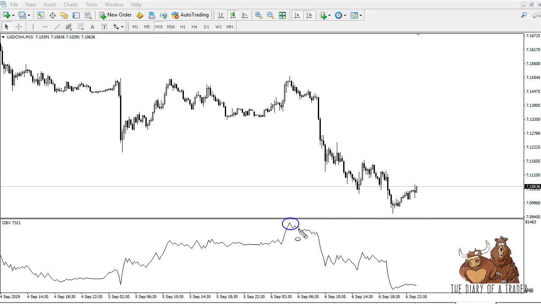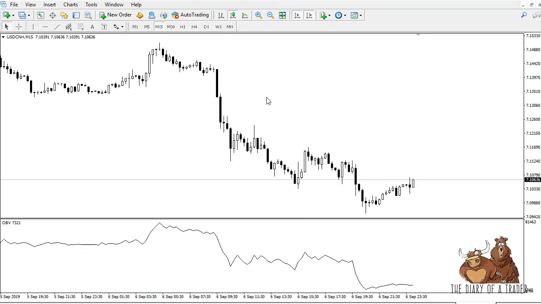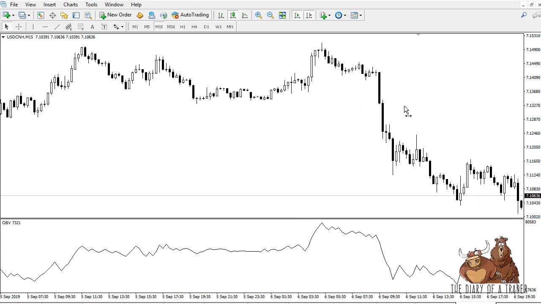So here's a relatively high spike, if you will. It's pretty high on the chart, and you can see that the dollar yuan formed a shooting star here on the 15-minute chart, which in and of itself is a relatively negative candlestick formation after a surge higher.